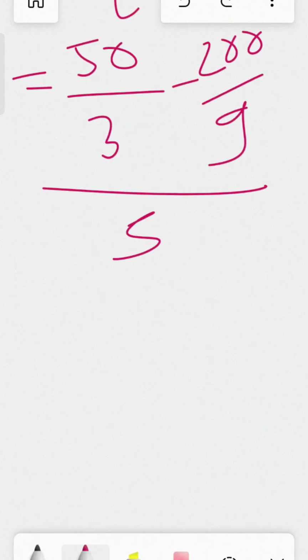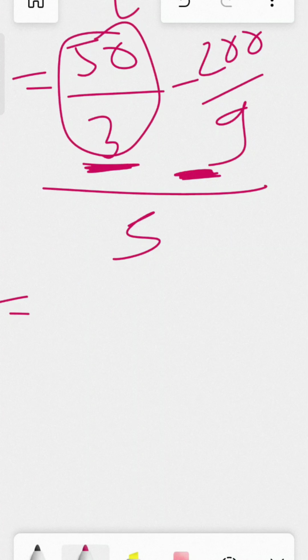Let us first solve the numerator. To solve this numerator, we have to get the denominator as 9 on both sides, and this will happen when we multiply by 3 in the numerator and denominator of this fraction.